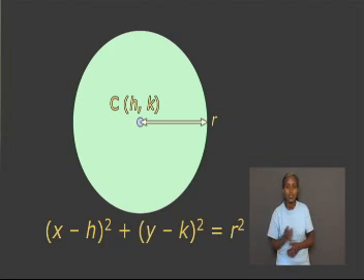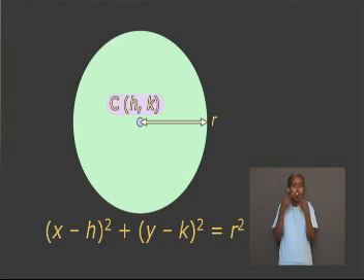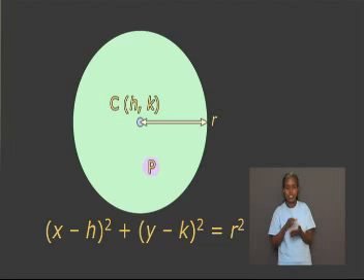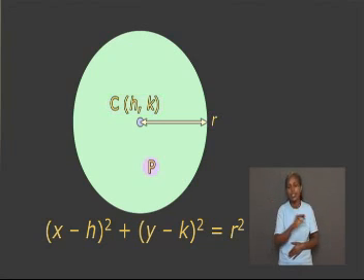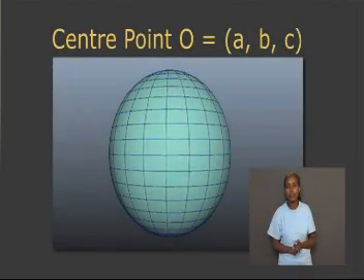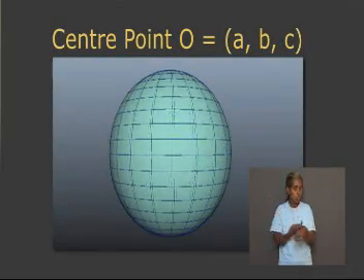We see here how C is the center and P is any point on the circle. R is the radius of the circle, or the distance between C and P. This is not too difficult, students.